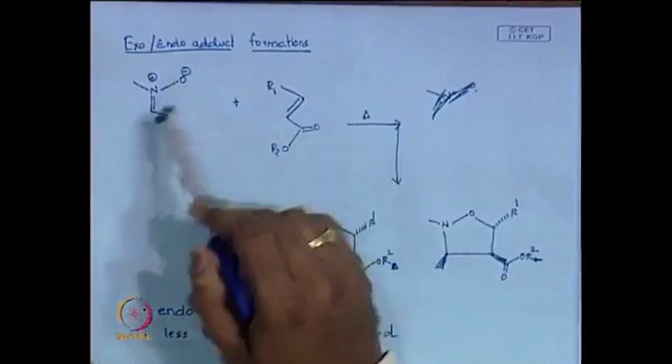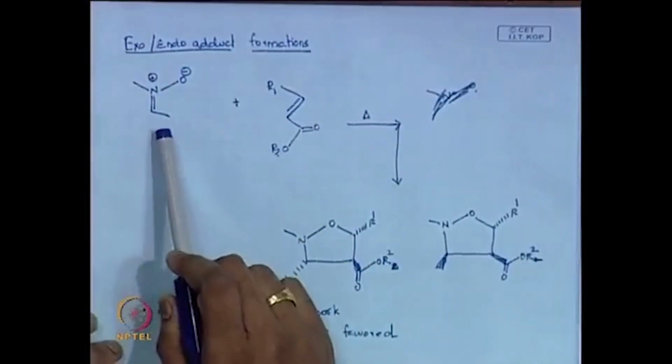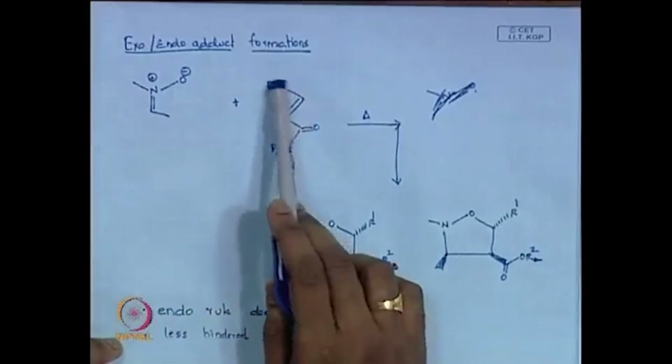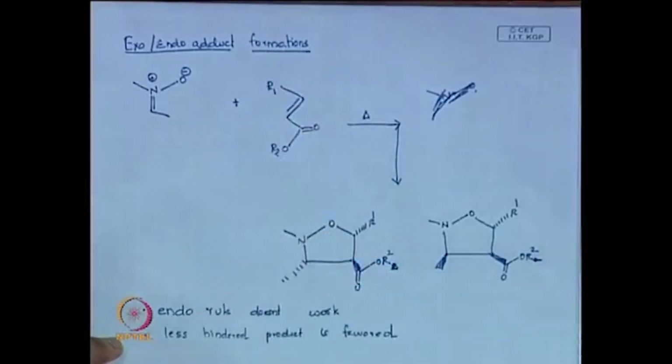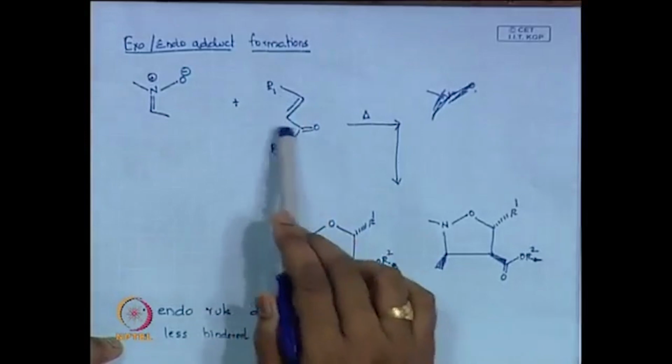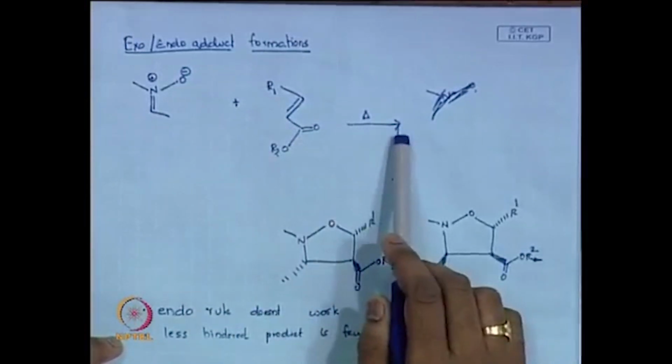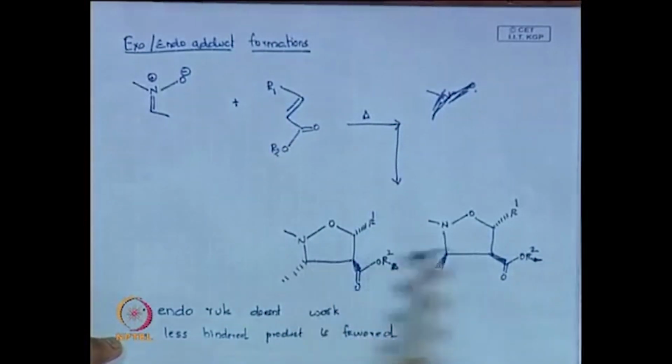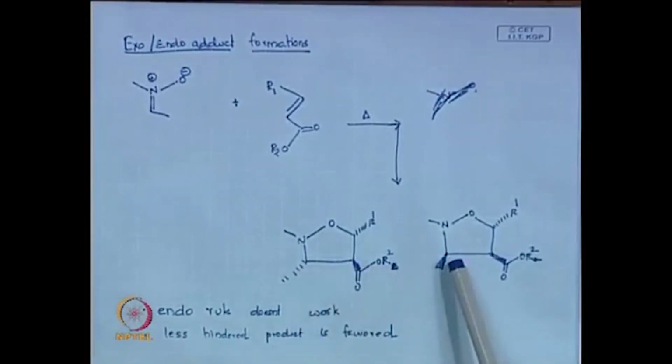Yes. So, in the previous class what we were discussing is that we took nitrones with an electron deficient alkene, that is the dipolarophile, and once we thermally activated we ended up with two products. One comes out of the endo approach, another from the exo approach, right.